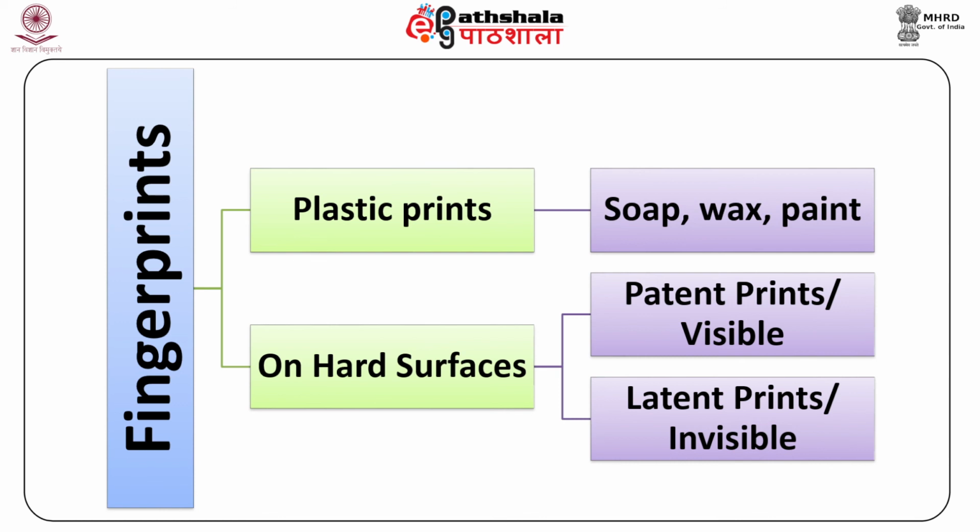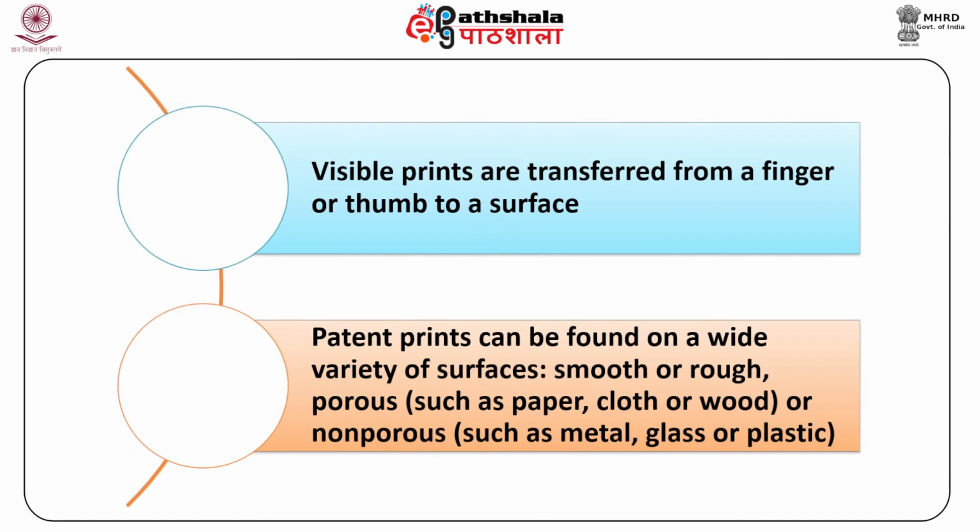Those on hard surfaces are patent or latent prints, which are visible and invisible. Visible prints are formed when blood, dirt, ink, paint, etc. is transferred from a finger or thumb to a surface.